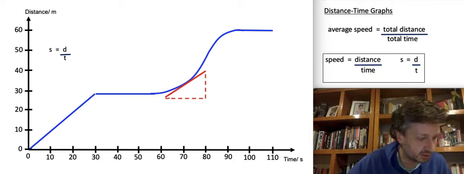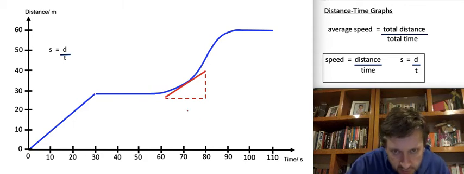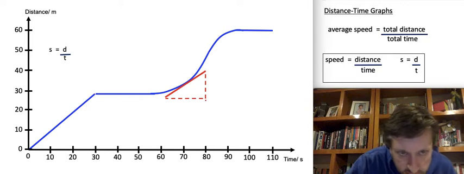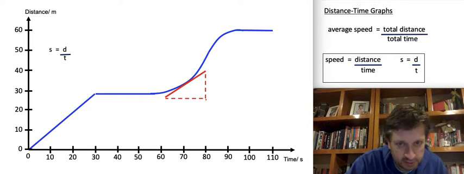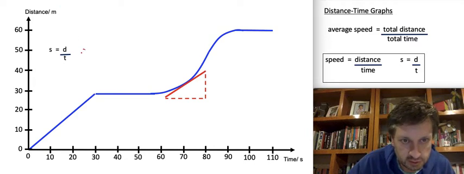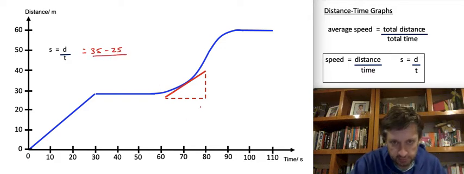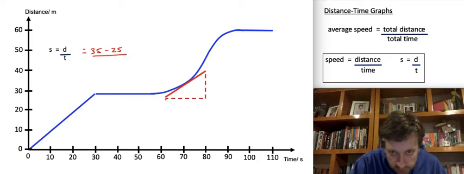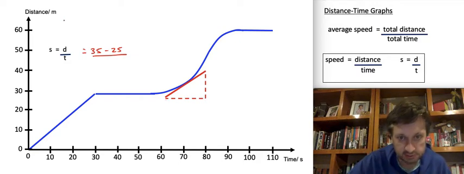Okay, now I can see here we've got a distance from, it looks like, 25 meters up to 35 meters. So the change in distance is 35 minus 25. The change in time goes from 60 seconds to 80 seconds.